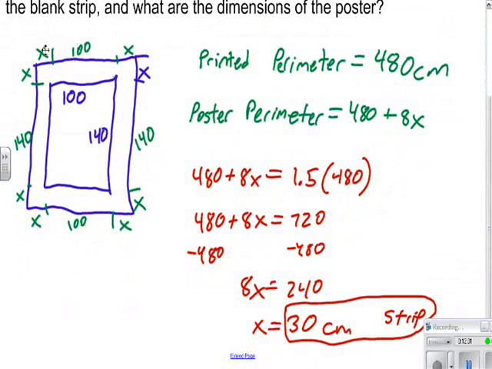So that's added in twice on the width and twice on the height. So the poster then has dimensions of 100 plus 30 and 30, that's 160 centimeters, by 140 plus 30 and 30, that's 200 centimeters.